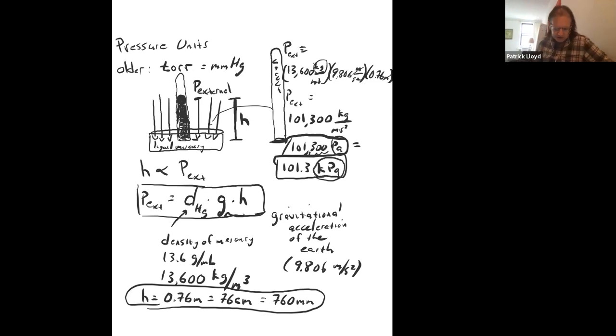And this is the equation that it comes from, right? And what's going to vary? Well, if you're using mercury, that's never going to change. If you're using the Earth, that's 9.806, although it would be a different value on the moon because g is different there. What would change is the height.